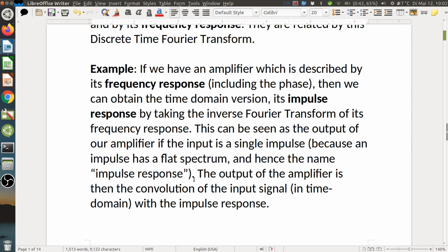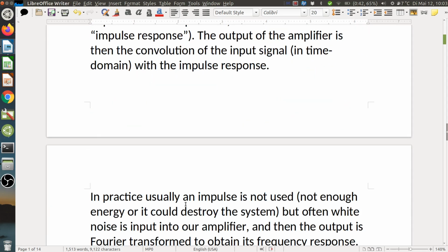The output of the amplifier is then the convolution of the input signal in the time domain with its impulse response, right? And convolving something with an impulse gives the same thing again. So this is how you get the impulse response.